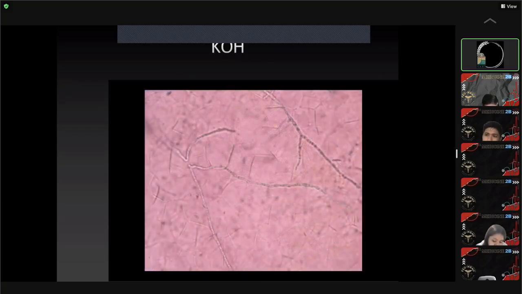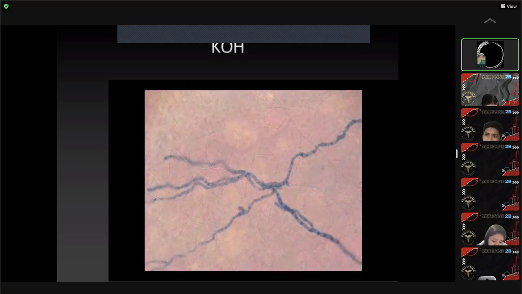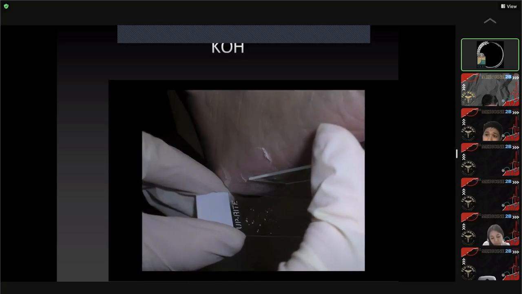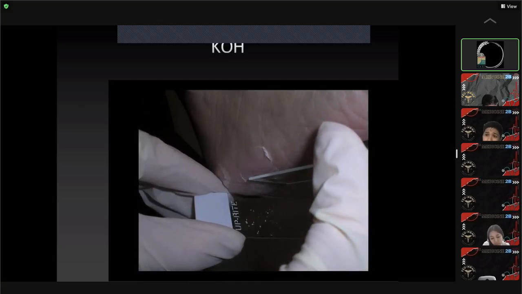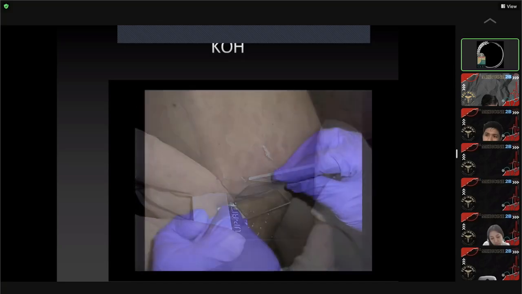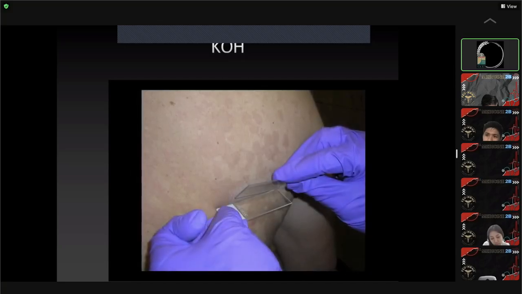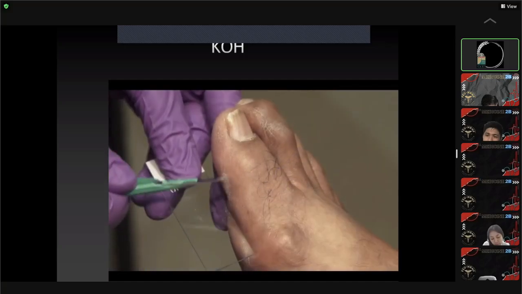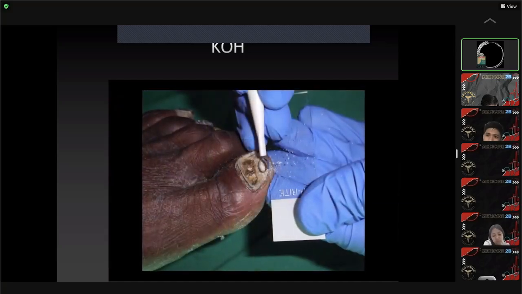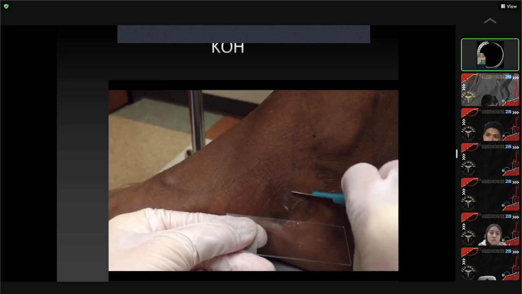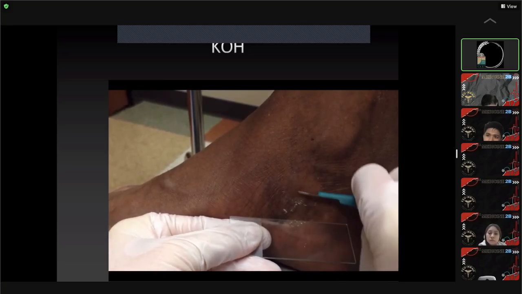While the fungal culture is more sensitive and specific, it can take days to weeks before the diagnosis is known. The first step is to scrape skin from the affected area onto a microscope slide. This can be performed with the edge of a slide, a scalpel, or a curette. Scrape the edge of the lesion to maximize the yield.